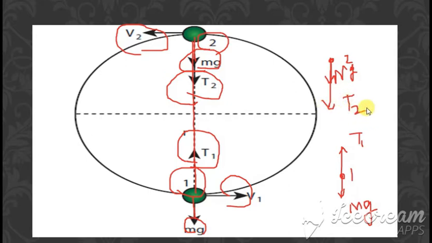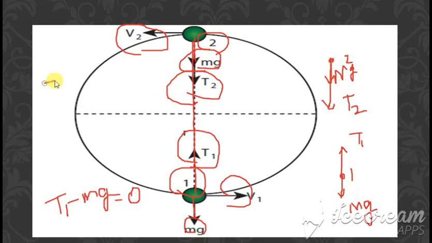Okay, so for the point 1, we can write the equation as t1 minus mg. Okay, because it is in the opposite direction, is it not? So t1 minus mg is equal to 0. So this is for the first point.